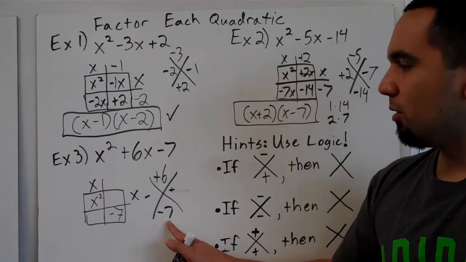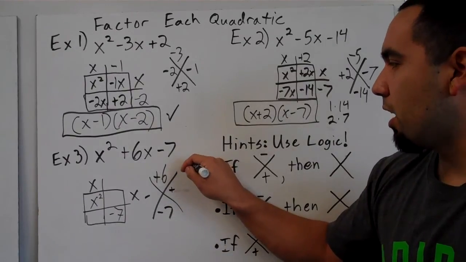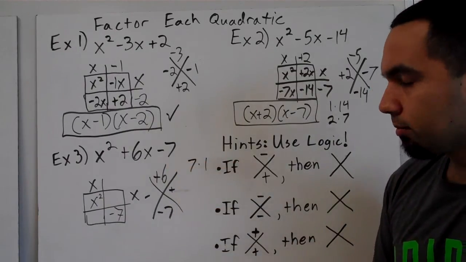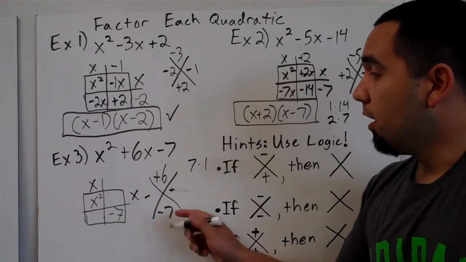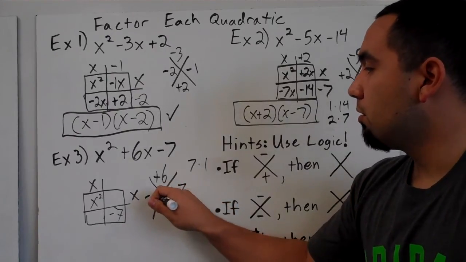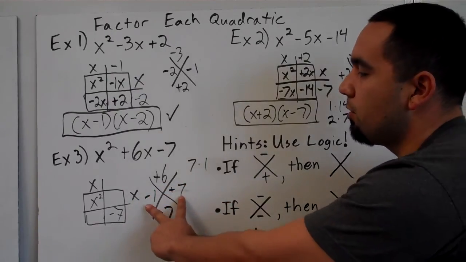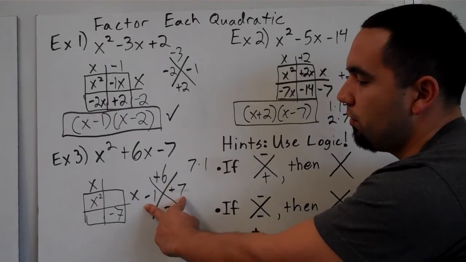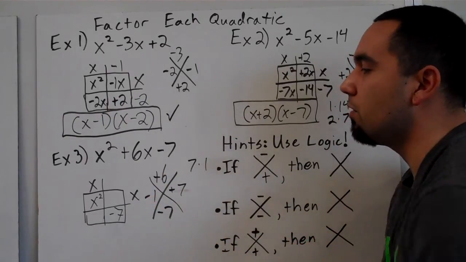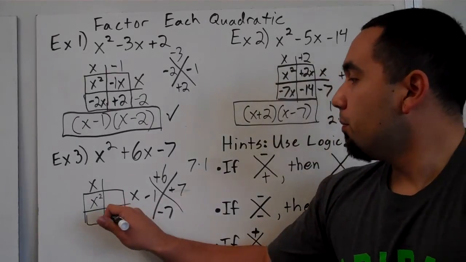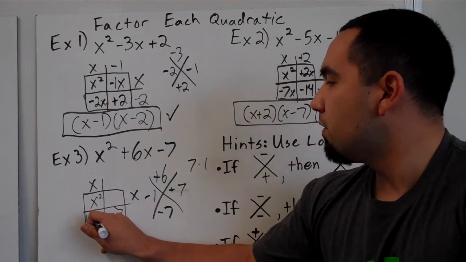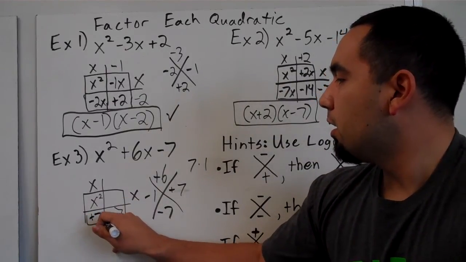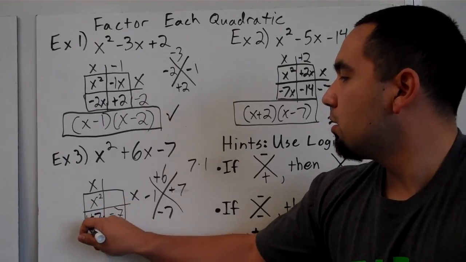And again, since we're dealing with 7, there's only one set of factors for 7, and that's 7 and 1. So I know that this should be 7 and this should be 1. If I add those together, I get positive 6. If I multiply them, I get negative 7. Okay? So I'm going to put the positive 7 down here. And again, that's positive 7x.